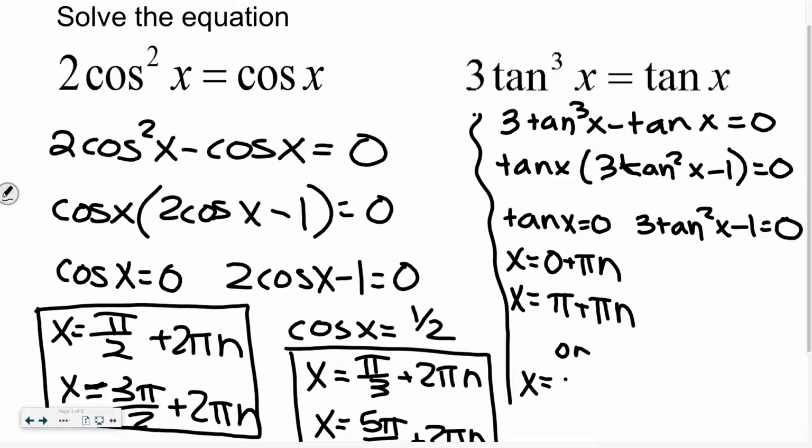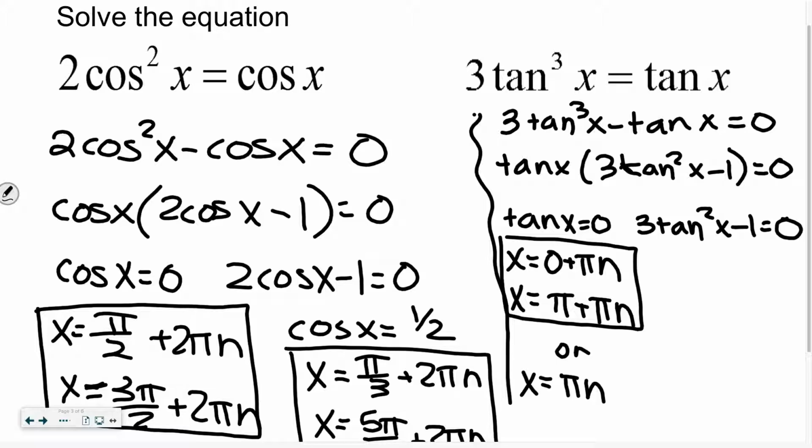You could just write x equals pi n and be good. Now, I'll leave both of them. That's something that gets easier with time and practice to see. I call them redundant solutions because they're already listed. And then, you don't have to write as many things down if you recognize them. But if you don't recognize them, just write the full solution, and that's fine.